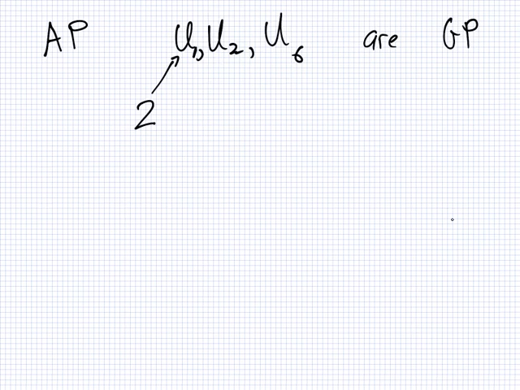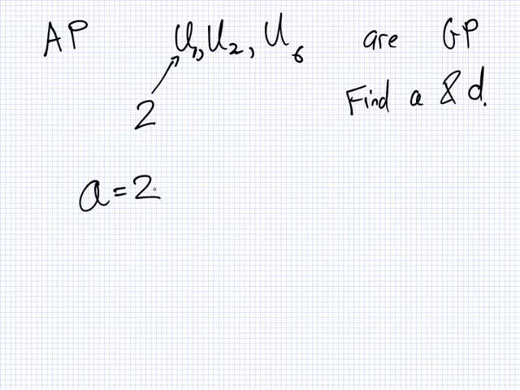So in this one here, I tell you U is arithmetic, but U1, U2, and U6 make a geometric sequence. And the first term is 2. So we want to find A and D. Now I'll do this one, and you can just make notes carefully. So, we know the first term is 2, so that means A equals 2.